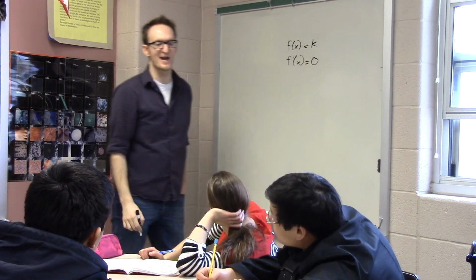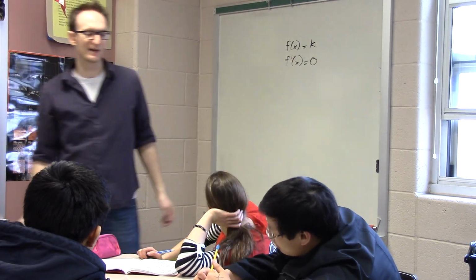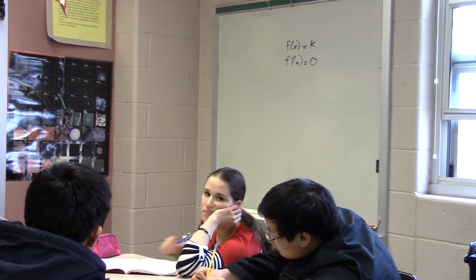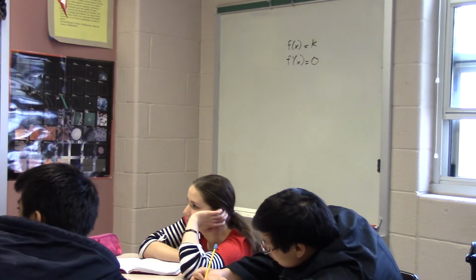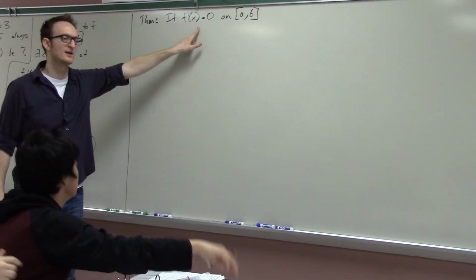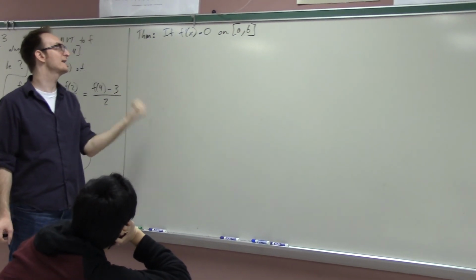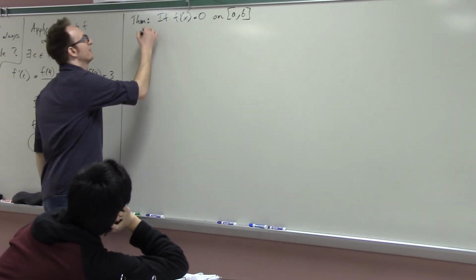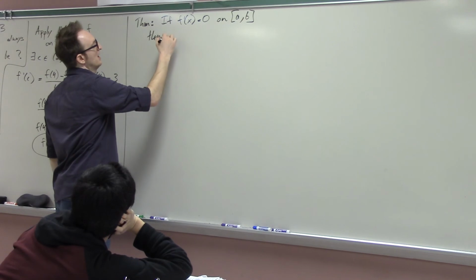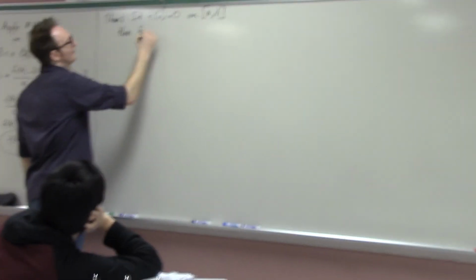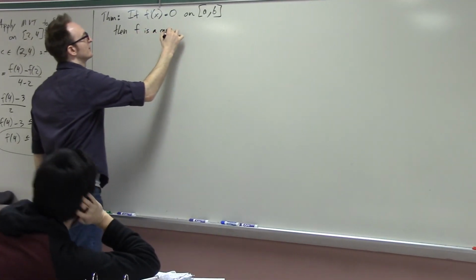No one's disputing that, because there's a derivative rule for that. But this is saying something a little more subtle. This is the converse. This is saying that if a function has a 0 derivative, then it must be a constant function. That is the theorem, by the way, and it is true. Then f is a constant function.